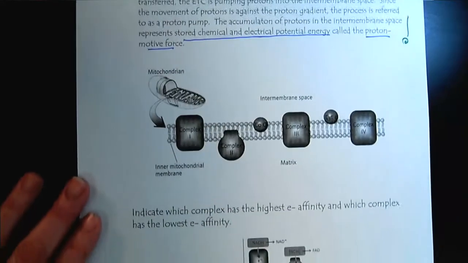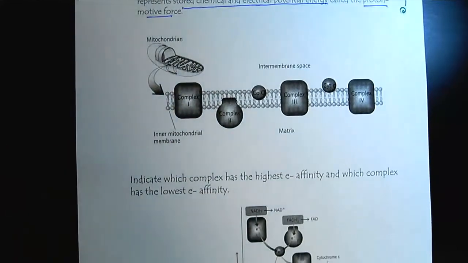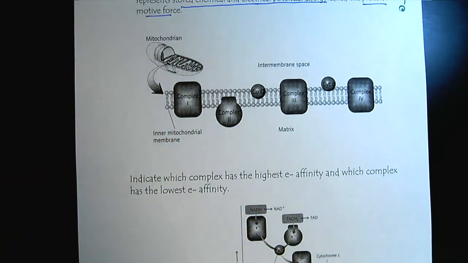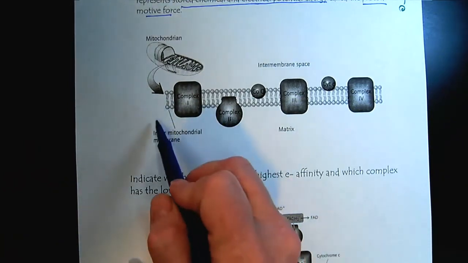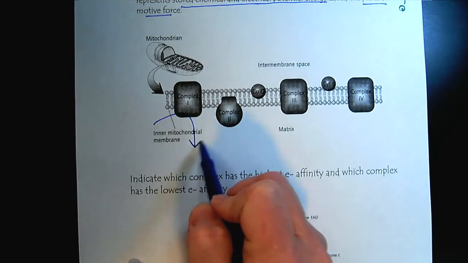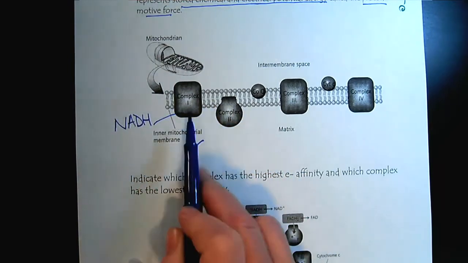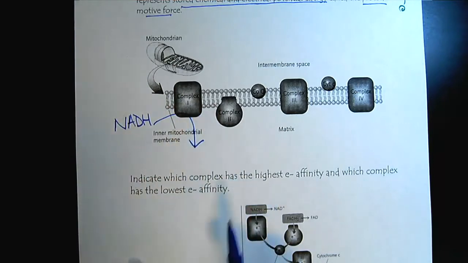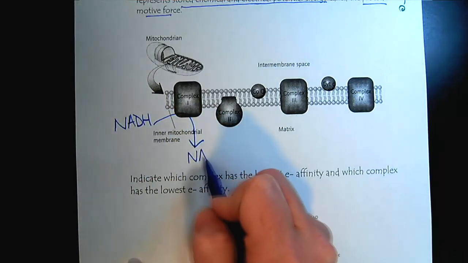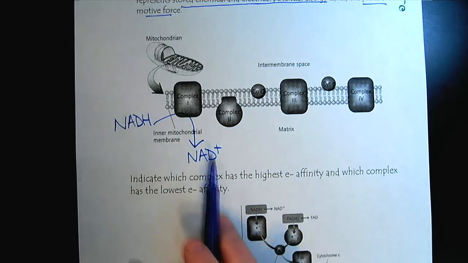Okay, so now let's look at it schematically. All right, so the first thing to note is that the NADH enters at complex 1, and so it transfers the electrons, and so then it becomes oxidized.